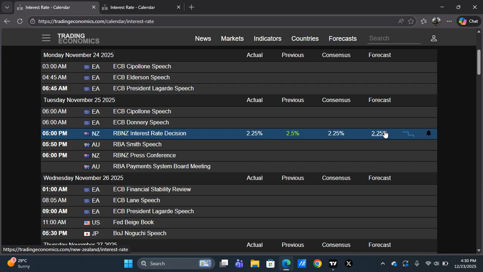Some currencies might go into a recession a year before the other, just like the pound, which went into a recession this year, and the euro, which went into recession last year in 2024. So here we are forecasting an interest rate cut to 2.25% on the New Zealand dollar.